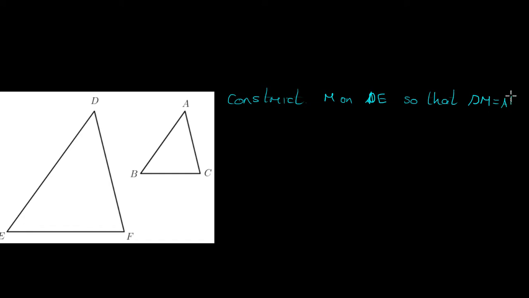And in this case, the construction that we should remember is to construct M on DE so that DM is equal to AB, and N on DF so that DN is equal to AC.